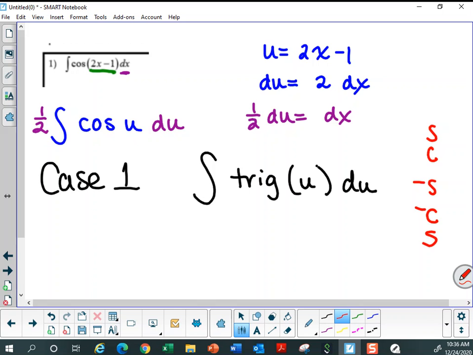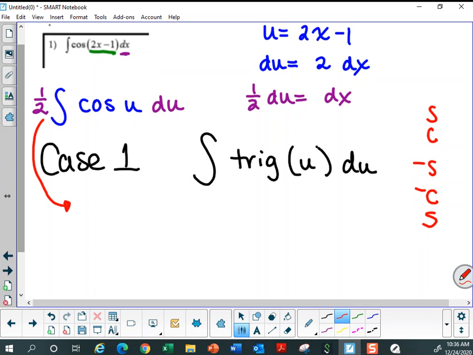Now, one of the things that's tricky with u sub is we do so much work in the rewriting that we often forget I still have to take the antiderivative.